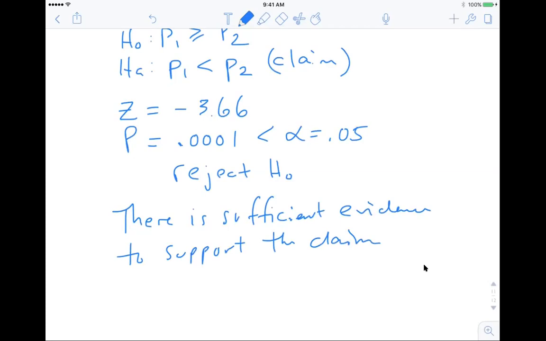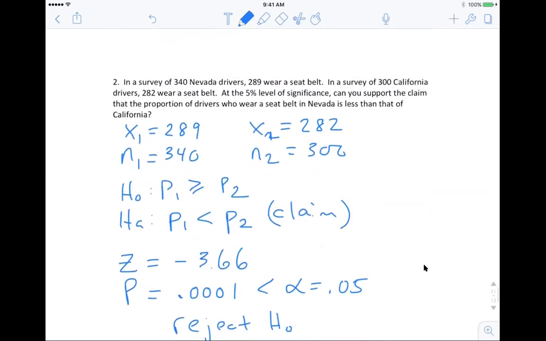Okay, and that's it. Those are the two examples for now. One other thing: this problem was nice because you were given the x's and the n's. You may be given the p hat instead. So if it said something like 38% of the drivers wore seatbelts out of 340, you're going to have to find the x on your own to put into StatCrunch.